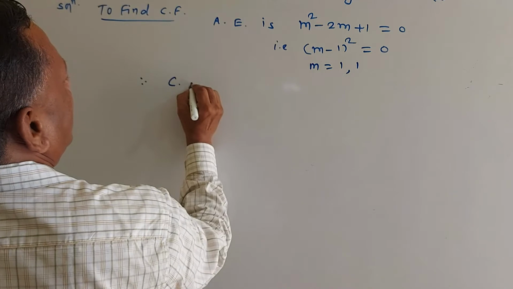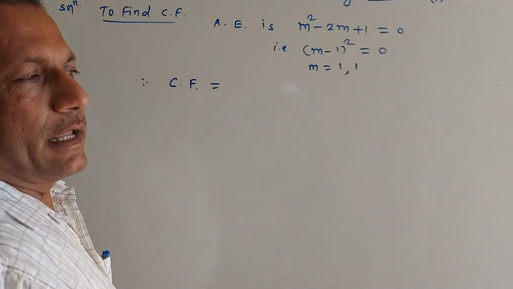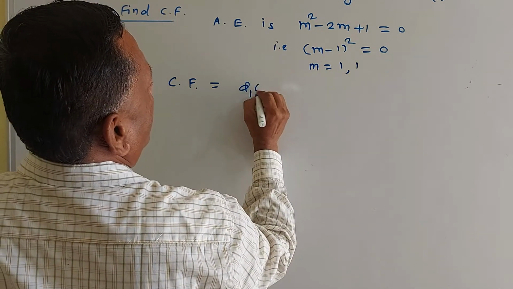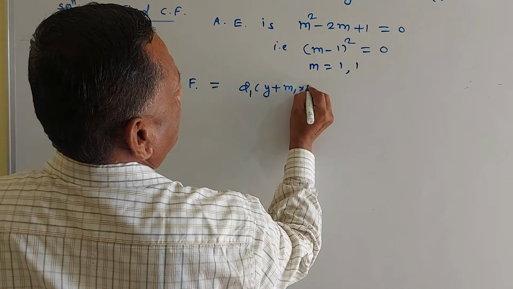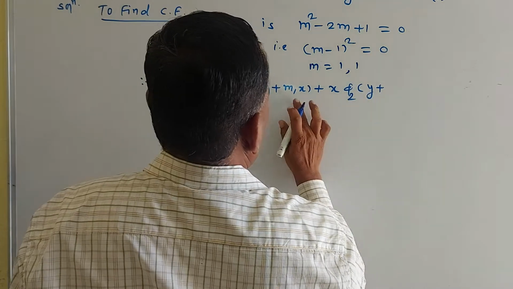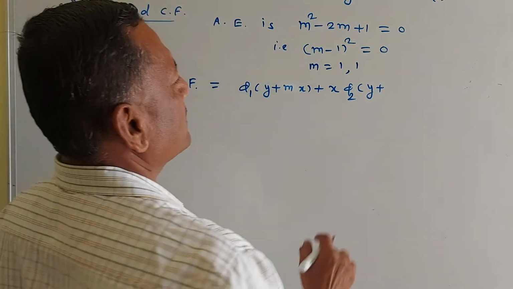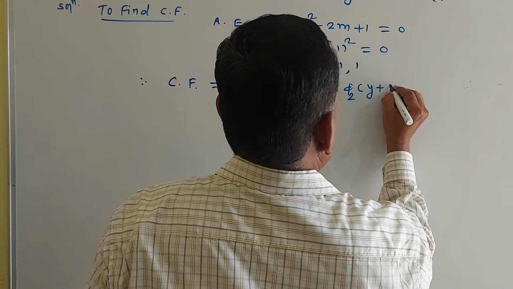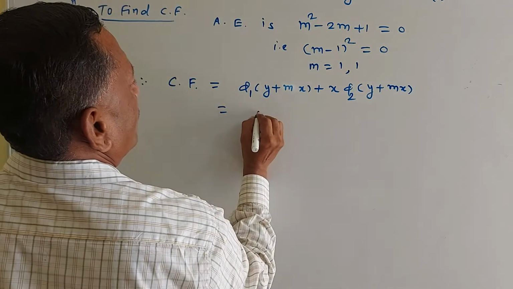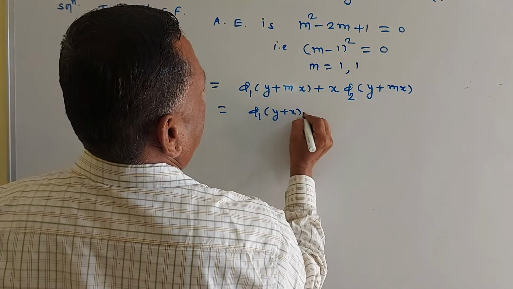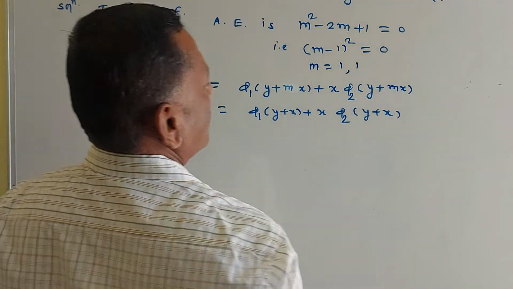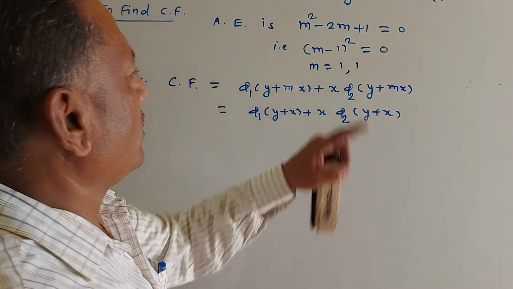Therefore the complementary function is equal to, you know that if the roots are repeated, you write the complementary function as phi 1 of y plus m x plus x into phi 2 of y plus m x. Here phi 1 of y plus x plus x into phi 2 of y plus x, because the root m is equal to 1 occurs 2 times.